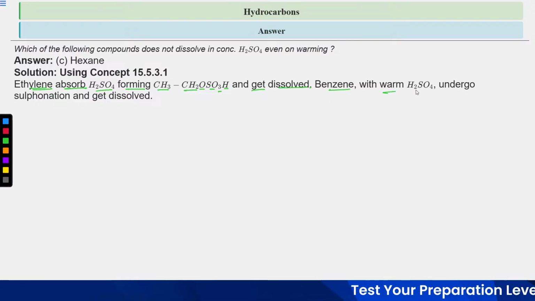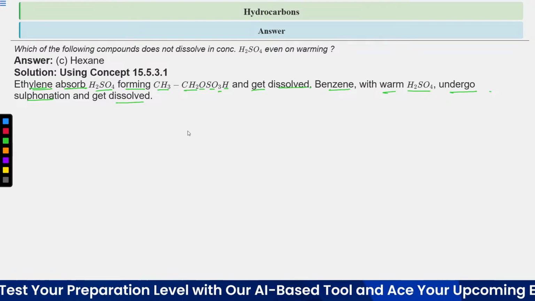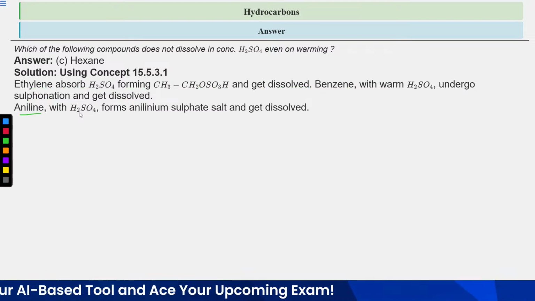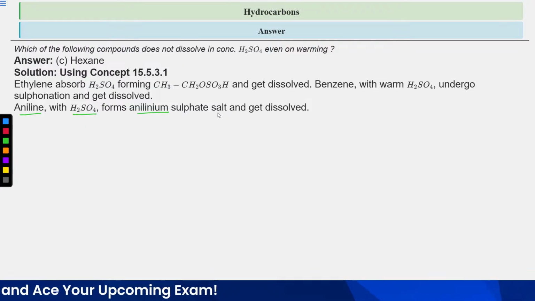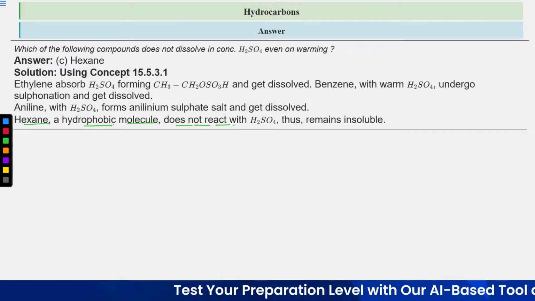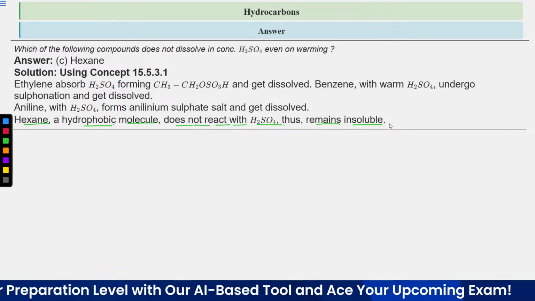Benzene with warm H2SO4 undergoes a sulfonation reaction and gets dissolved. Aniline, on the other hand, with H2SO4 forms anilinium sulfate salt and gets dissolved, while hexane, a hydrophobic molecule, does not react with sulfuric acid and thus remains insoluble.